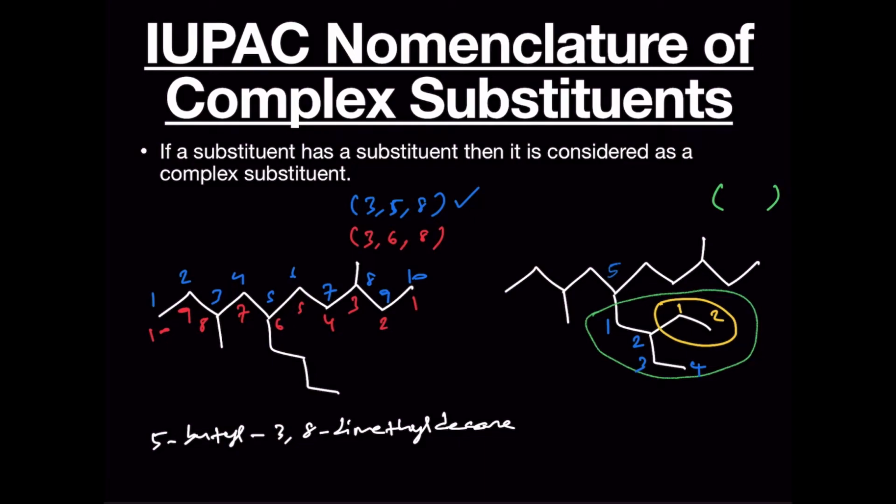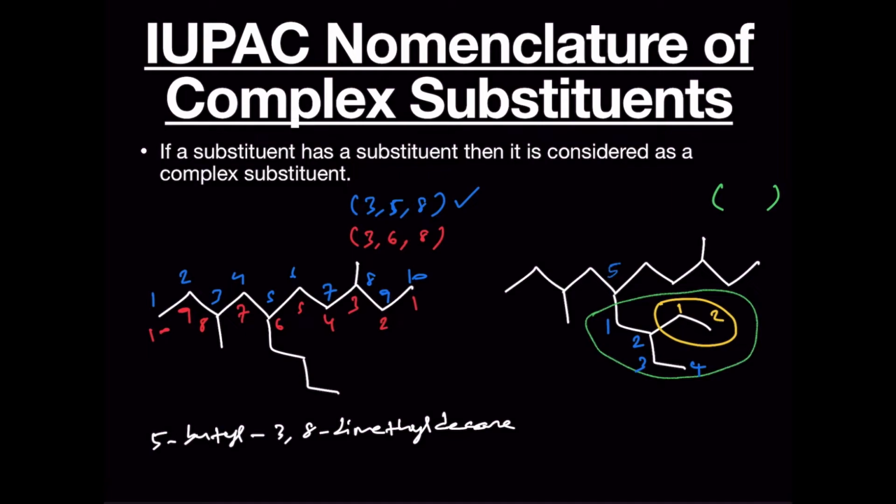So, let us do the naming for the structure on the right. At 5, we have a butyl chain, and that has an ethyl group at 2 position, and therefore, write the entire thing first in parenthesis.